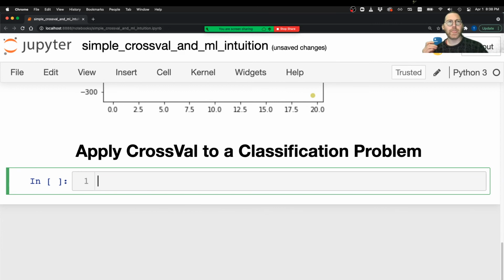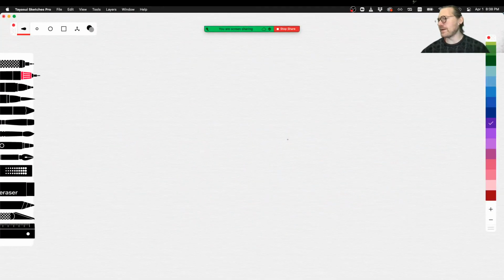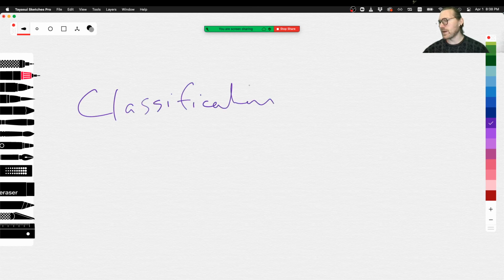Okay, so what do I mean by classification? That's simple enough. We can categorize supervised problems into two different types of problem. We've got classification and regression.